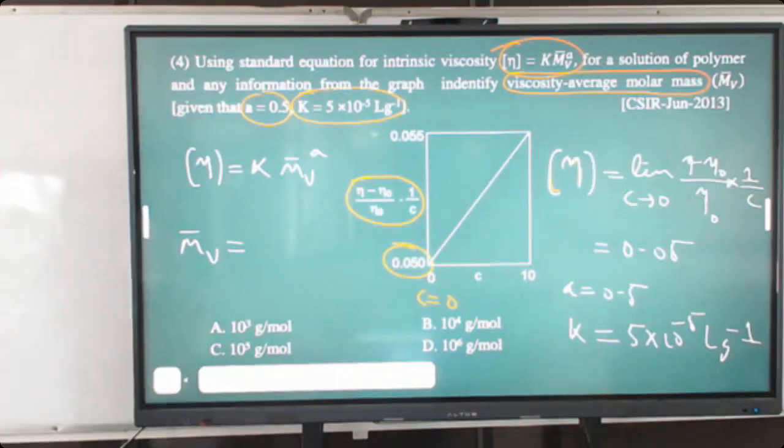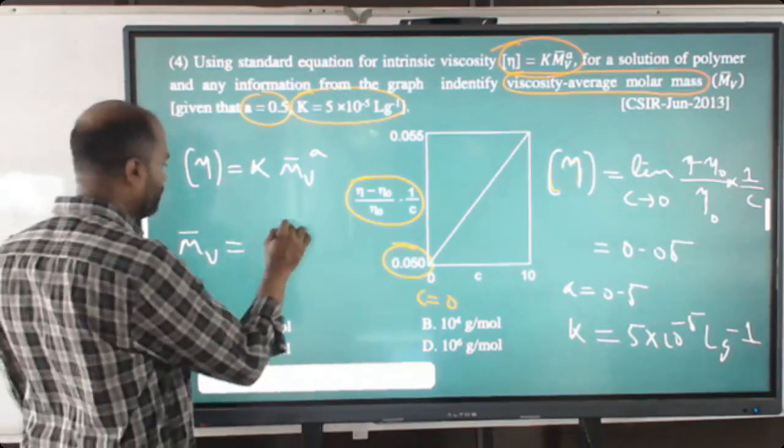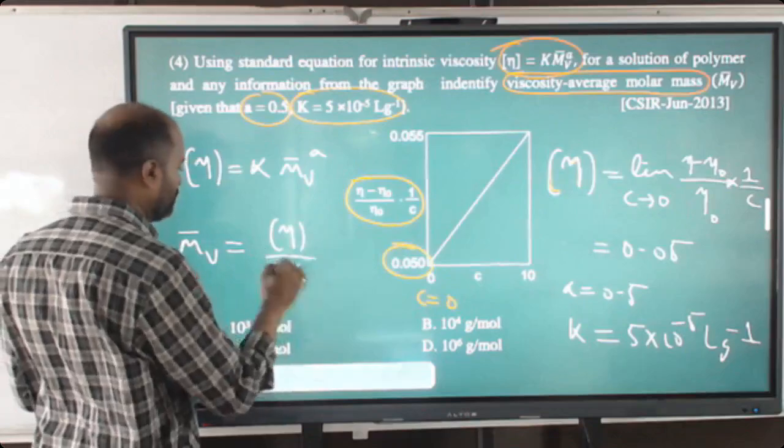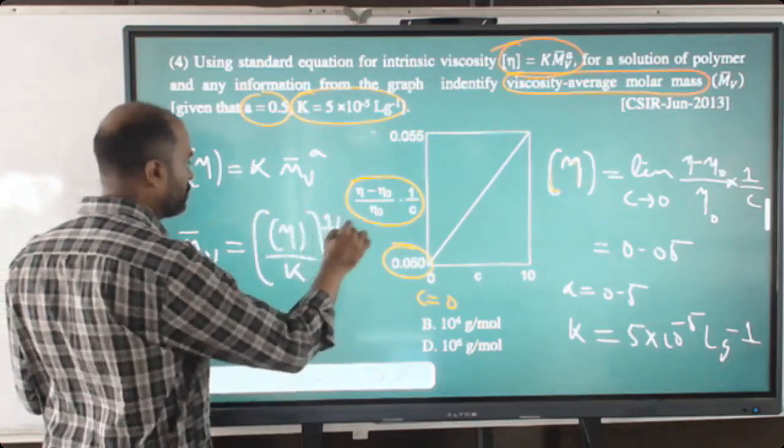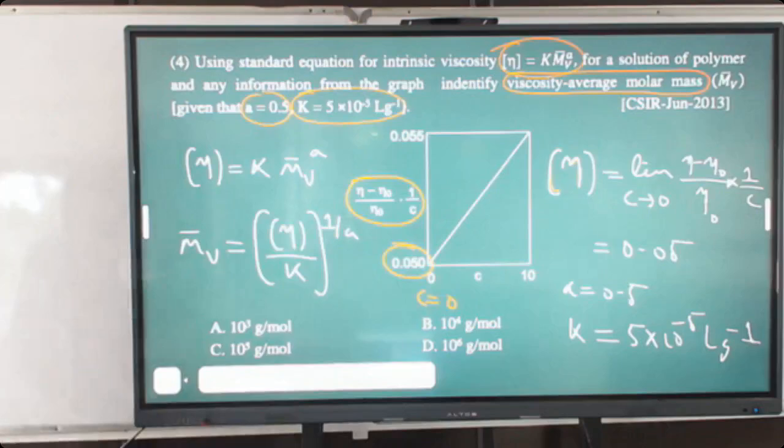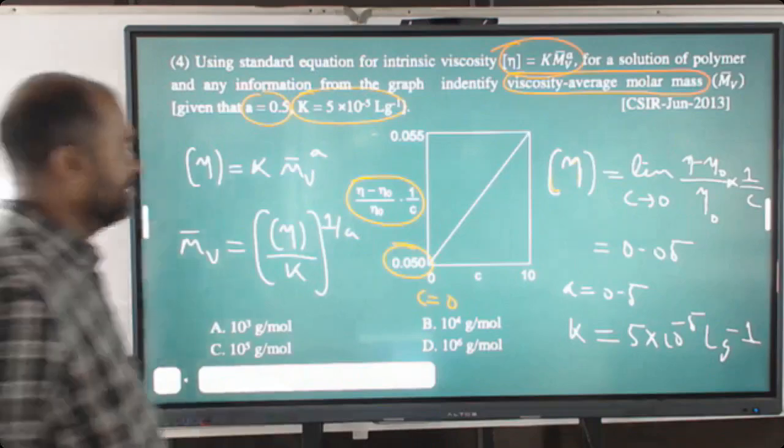There is nothing more to do, just substitute the values and solve. The formula is eta by K, the whole raised to the power of 1 by a. Substitute here and solve.